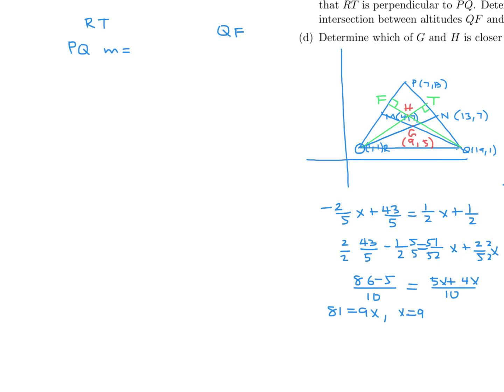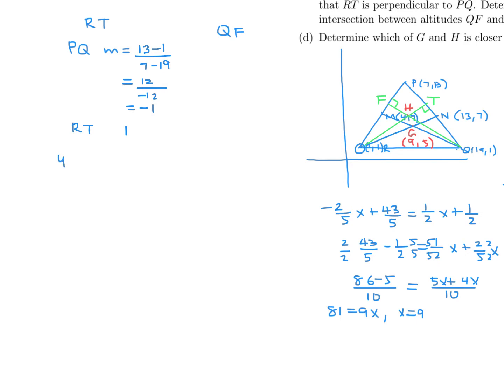PQ, let's see, it would be 13 minus 1 over 7 minus 19. So that looks like it's 12 over minus 12, so that's negative 1. So the slope for RT would be the negative reciprocal of negative 1, which is 1.